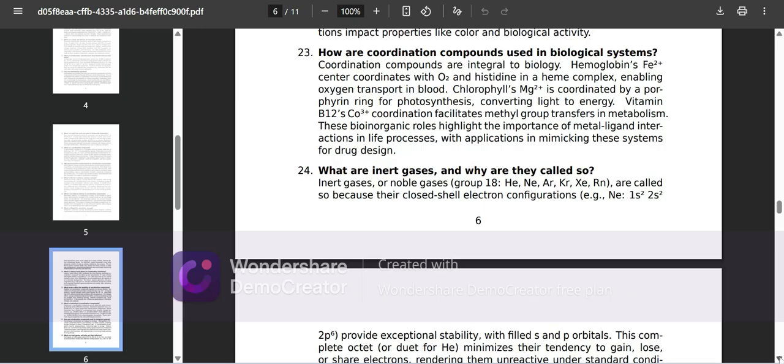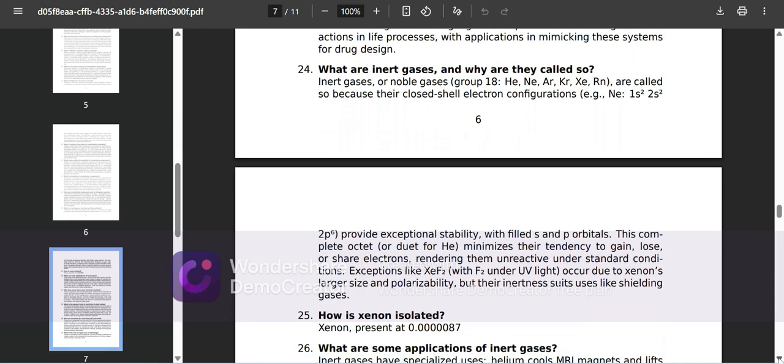What are inert gases, and why are they called so? Inert gases, or noble gases, group 18: helium, neon, argon, krypton, xenon, radon, are called so because they have closed-shell electron configurations. Example: neon, 1s2 2s2 2p6, provides exceptional stability with filled s and p orbitals.